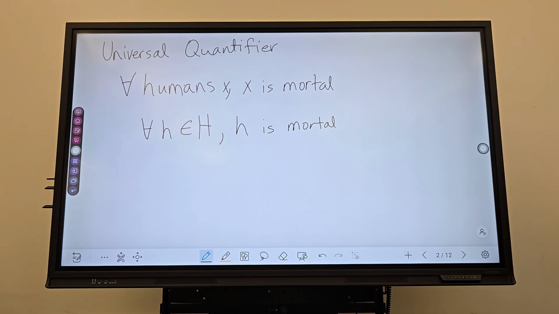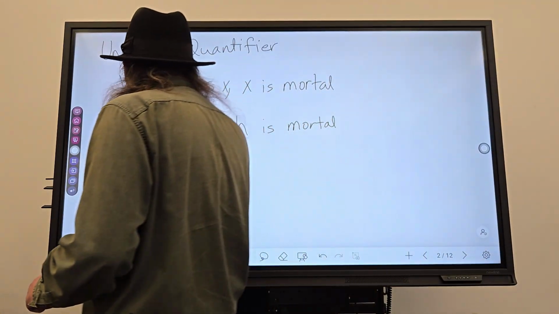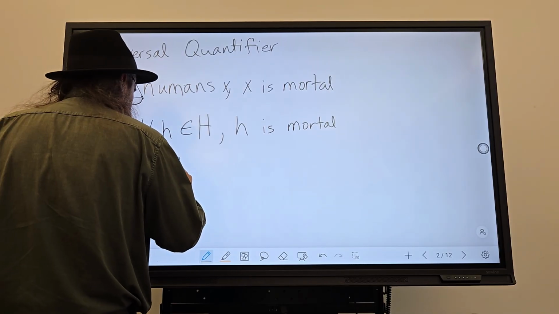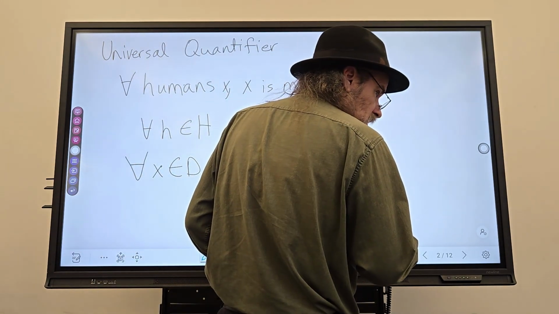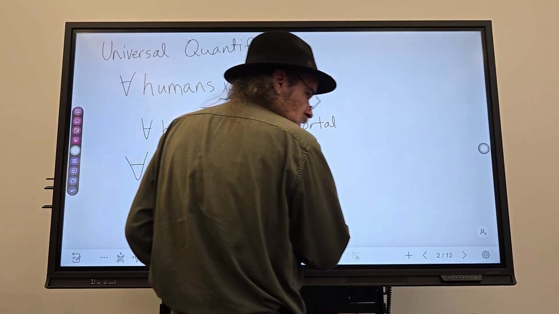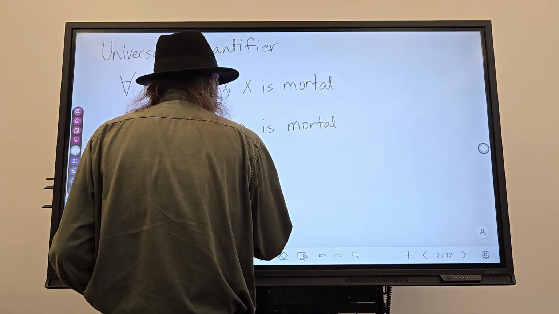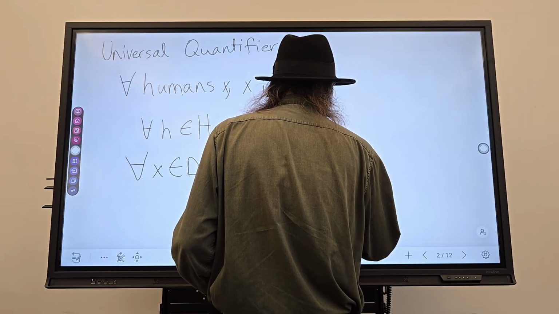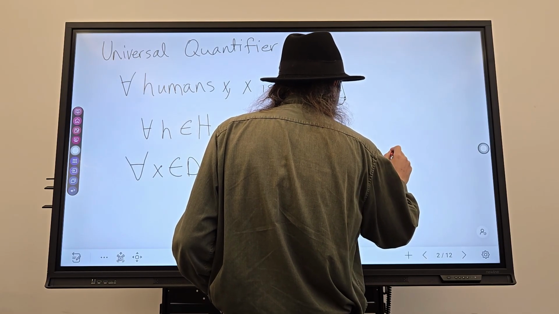So, say you have the statement for all x element of D, x squared is greater than or equal to x. D is 1, 2, 3, 4, or 5.